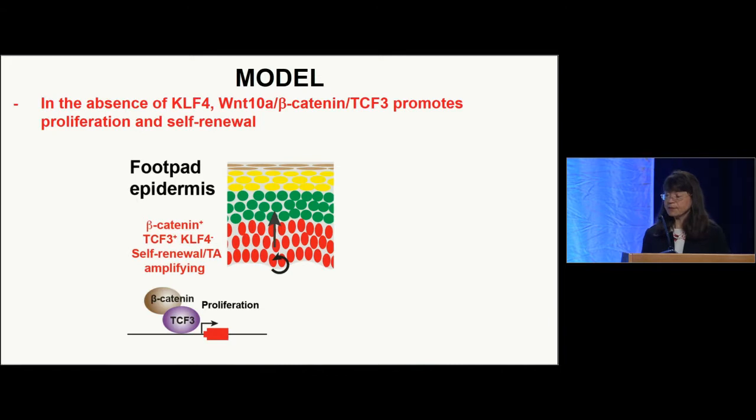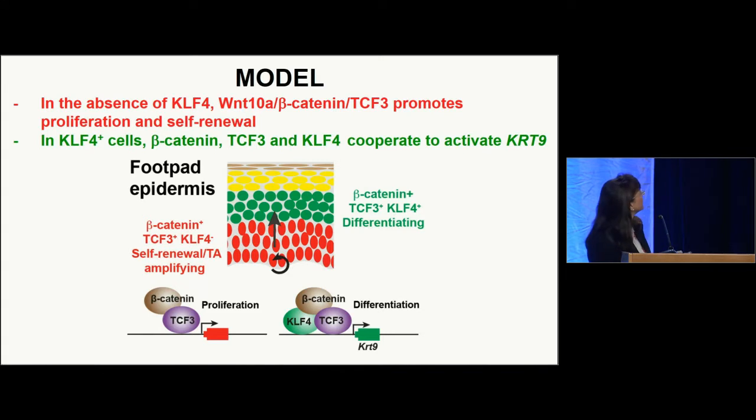So this leads to a model in which in basal cells that lack KLF4, beta-catenin complexes with TCF3 to promote proliferation, whereas in KLF4 positive suprabasal cells, beta-catenin now complexes with KLF4 as well as TCF3, and then this can drive expression of differentiation genes that are specific to palmoplantar epithelium, such as keratin 9.